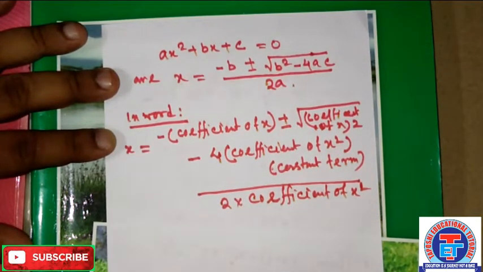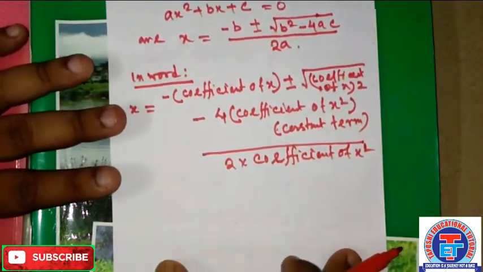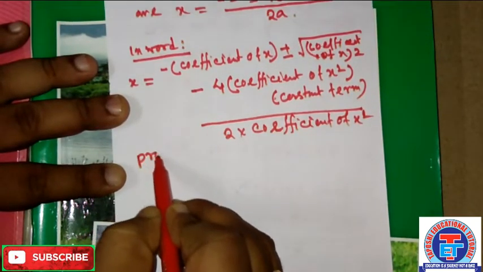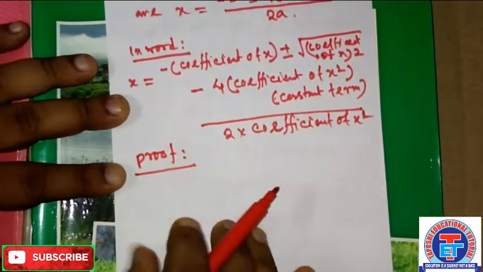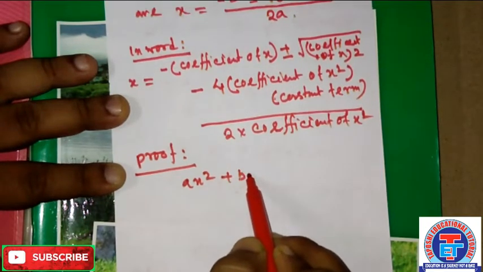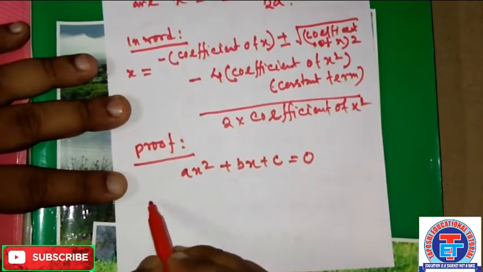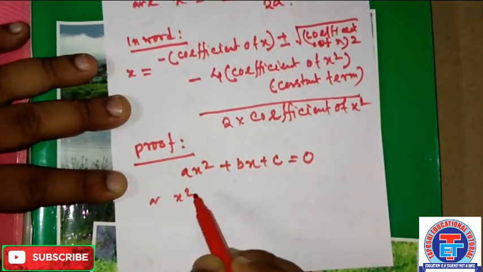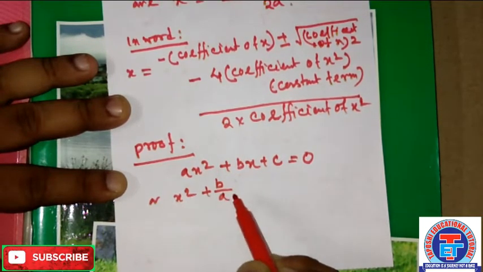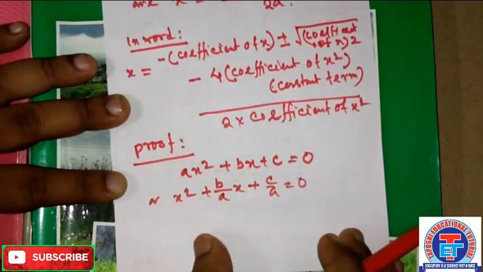Now this can be easily proved, so we prove it now. The equation ax square plus bx plus c is equal to 0, or we can write x square plus b by a x plus c by a is equal to 0.